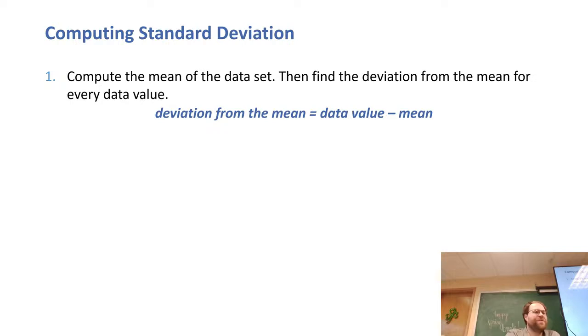You'll do that for every value. Once you do that, square all of them. So if you get the number 5 from this, do 5 times 5 or 5 squared. If you get 10, do 10 times 10 or 10 squared.